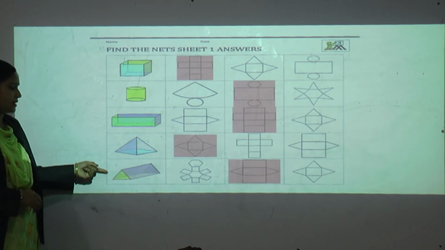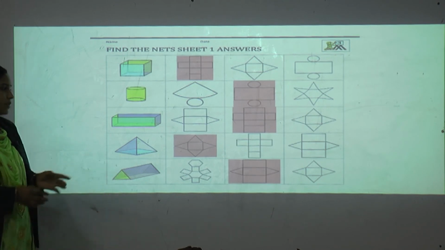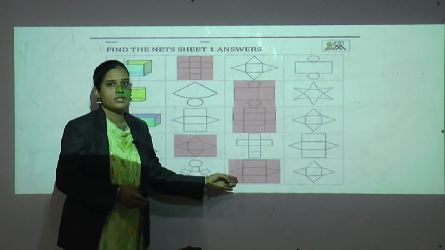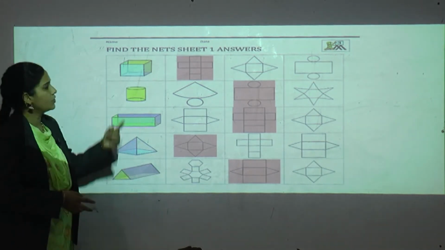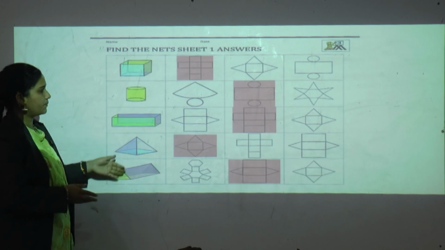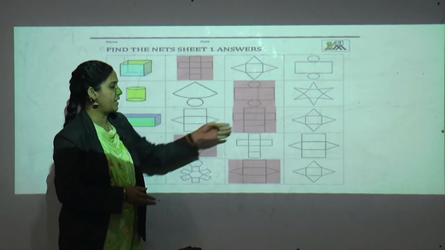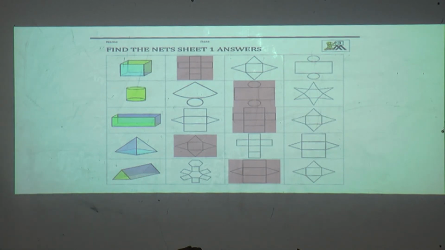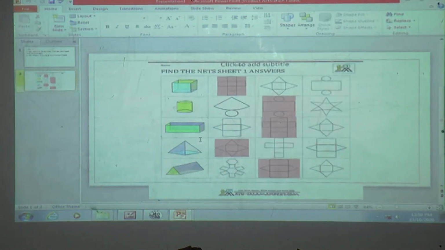When we unfold it, this will be the net of this triangular prism. See carefully students, the nets of these shapes are given in pink color. Okay, so we will start our lesson.